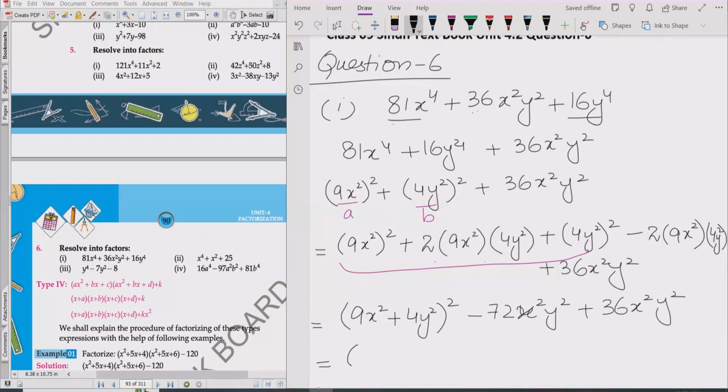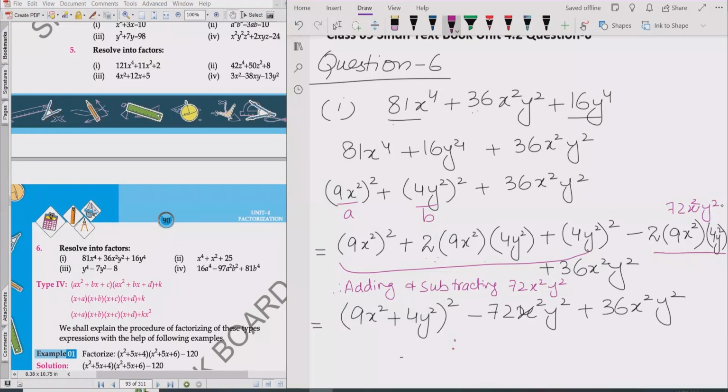So now we will simplify more and give the reference here. Here we have to give two references. The first reference is adding and subtracting 72x^2y^2. This term is 72x^2y^2, right? So we add and subtract both terms.